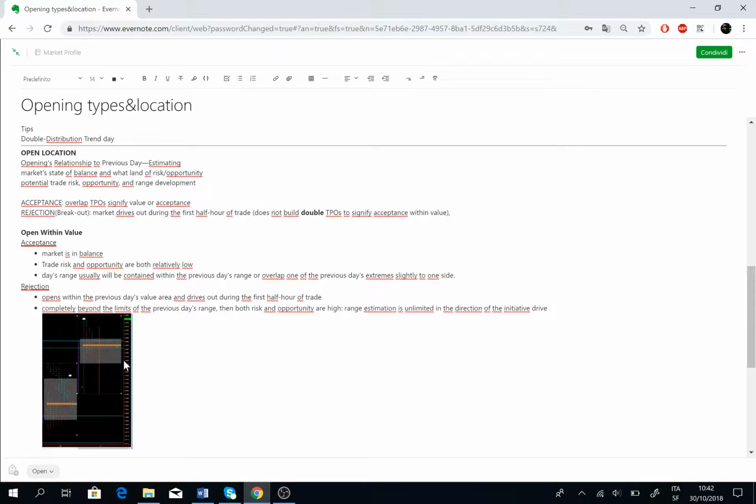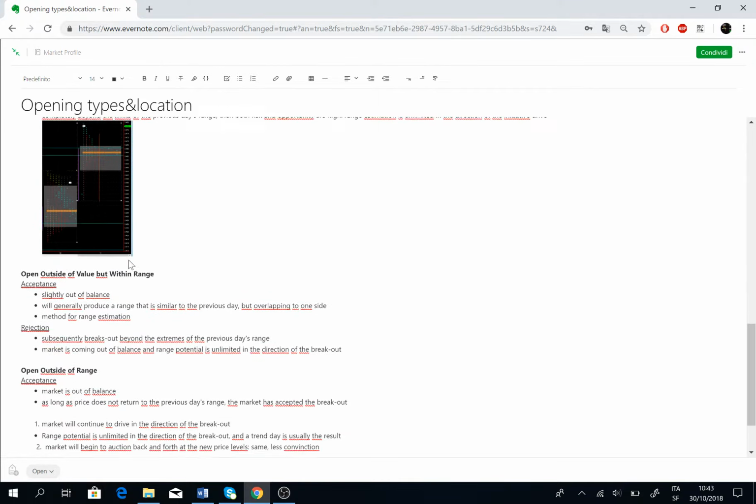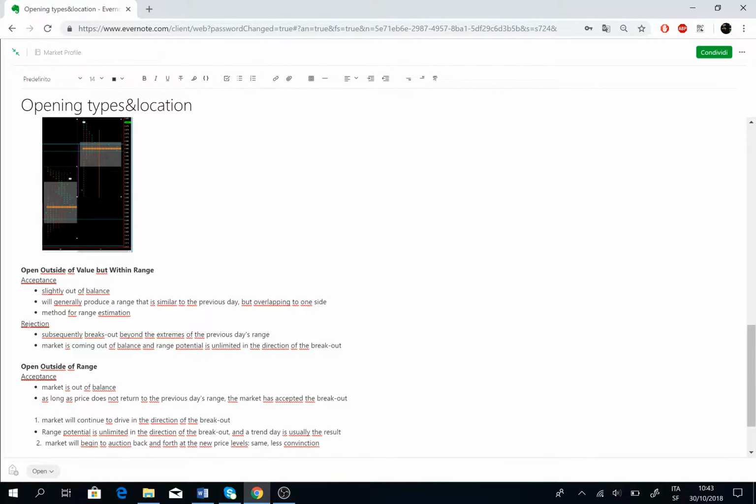So this is very important to understand. For these three types of opening, we will see what it means to open within value with acceptance and rejection, and the same for the two other opening types.